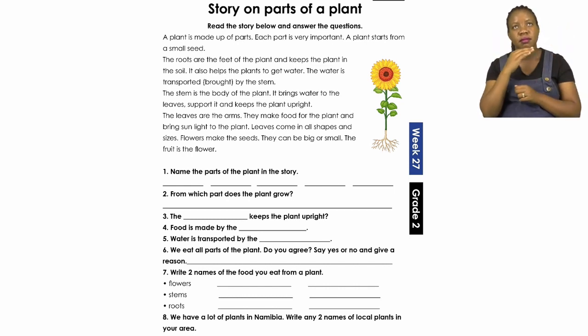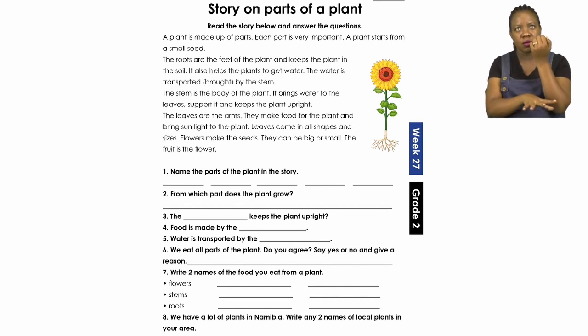Story on parts of a plant. Read the story below and answer the questions. A plant is made up of parts. Each part is very important. A plant starts from a small seed. The roots are the feet of the plant and keep the plant in the soil.